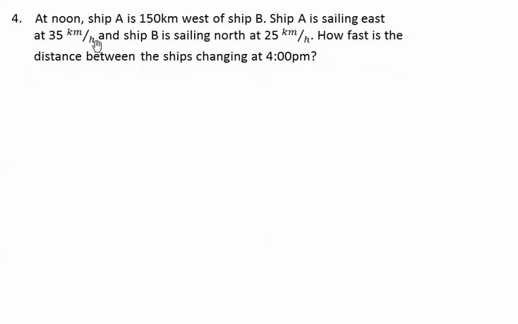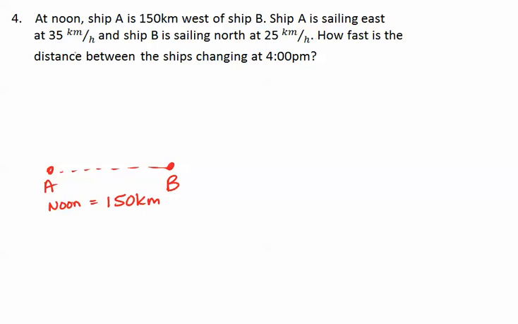Okay, here we have, making a good diagram is going to be essential here. So ship A starts out 150 kilometers west of ship B. So at the starting point only, this distance happens to be 100. So at noon, this distance is 150 kilometers, but it's not going to stay that way.